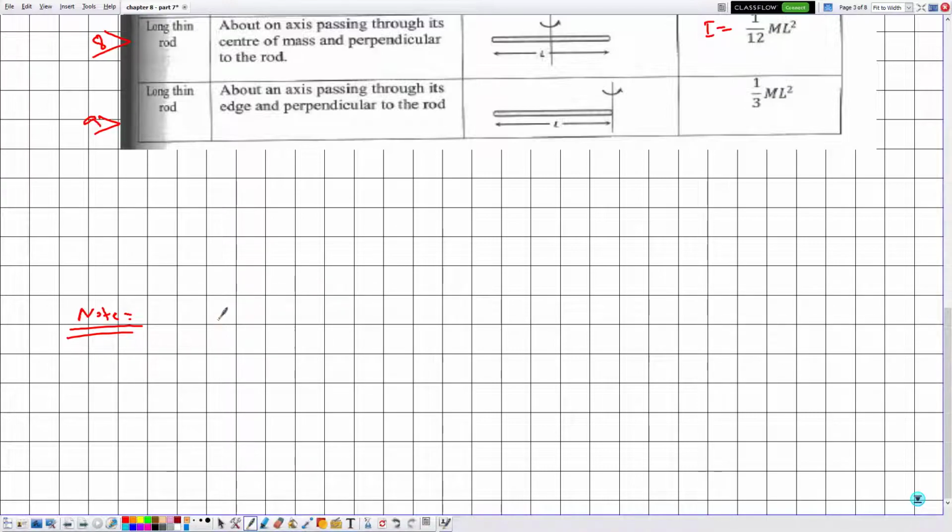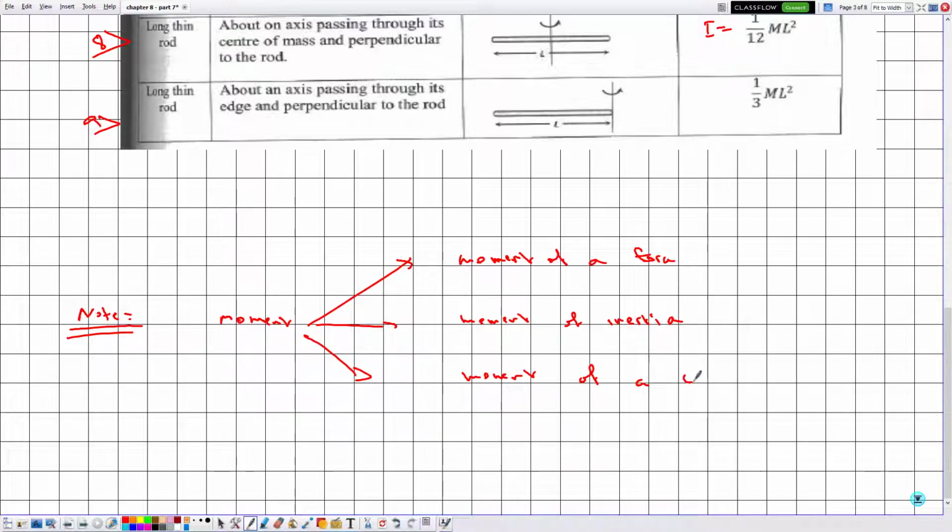Whenever we say moment, we at least mean three things. We either talk about the moment of a force, or we talk about the moment of inertia, or we talk about the moment of a couple.